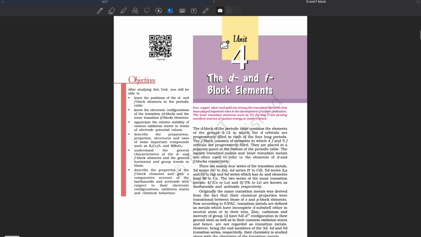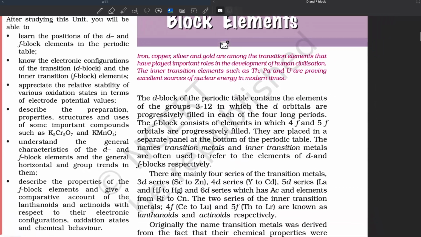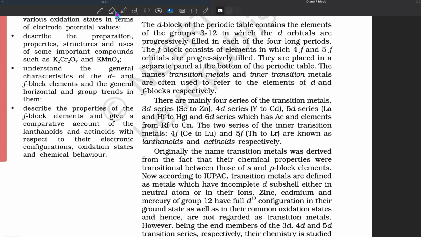We also check this NCERT, D block elements. The D block elements of the periodic table contain elements of the groups 3 to 12 in which d orbitals are progressively filled in each of 4 long periods. F block elements are placed separately in between.